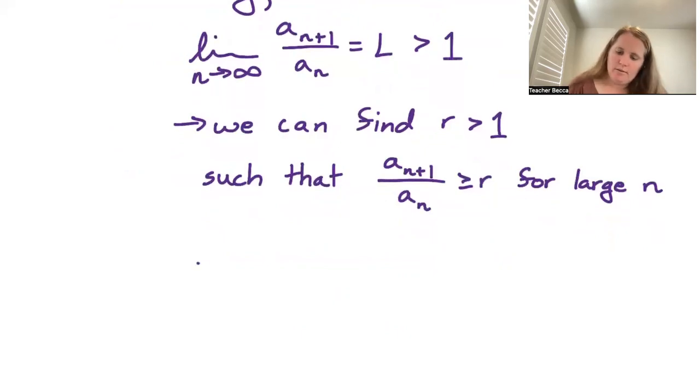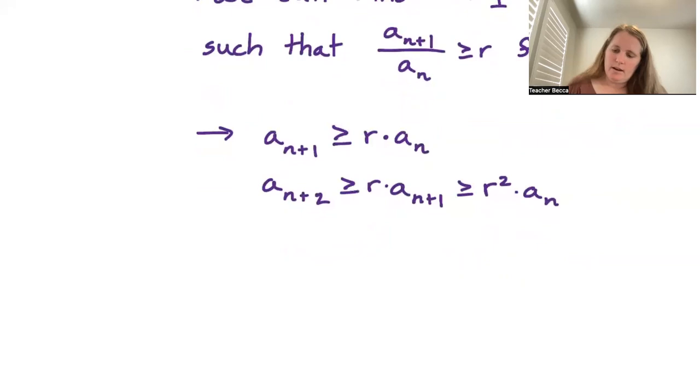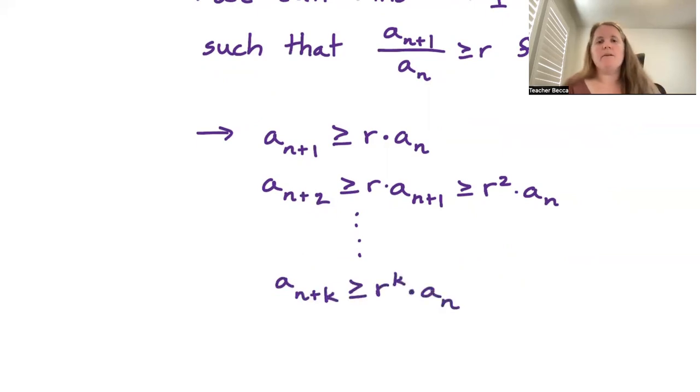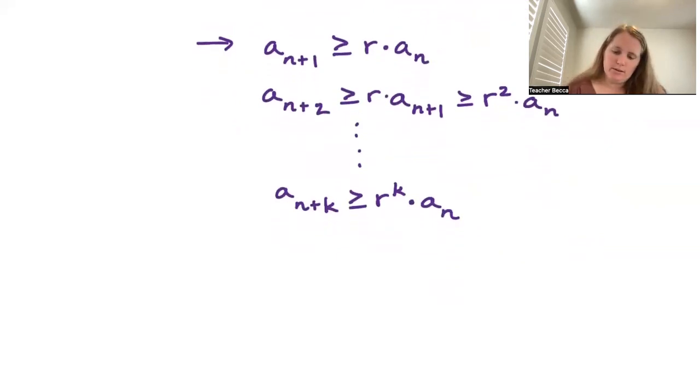Right? Then we have a sub n plus 1 is greater than or equal to r times a sub n. So that would mean a sub n plus 2 is greater than or equal to r times a sub n plus 1, which is greater than or equal to r squared times a sub n. And we could continue this down to a sub n plus k is greater than or equal to r to the k times a sub n. Right? So once again, our sequence behaves like a geometric sequence.